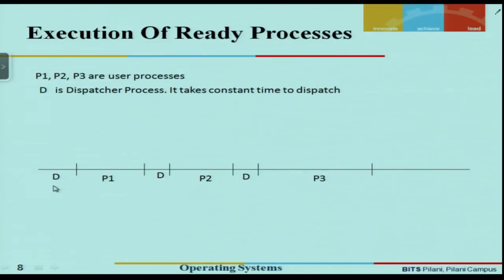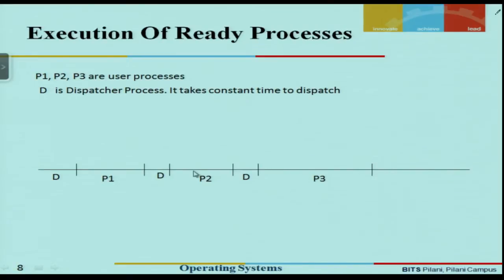The total time to execute these 3 processes is going to be P1 plus P2 plus P3 plus 3 times the time taken by the dispatcher.